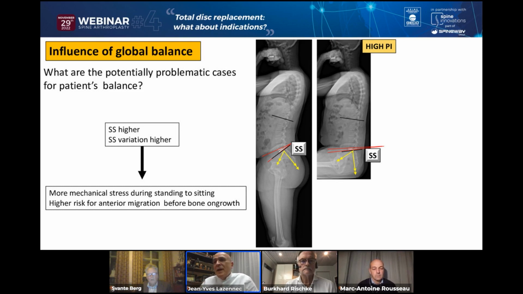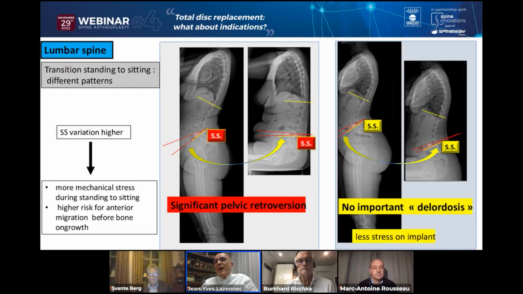Now to finish, what about global balance? What are the problems? Patients with high pelvic incidence, because they have a lot of mobility in the sacral slope, so more risk of slipping. In the patient with a lot of delordosis, ask them not to sit too low.